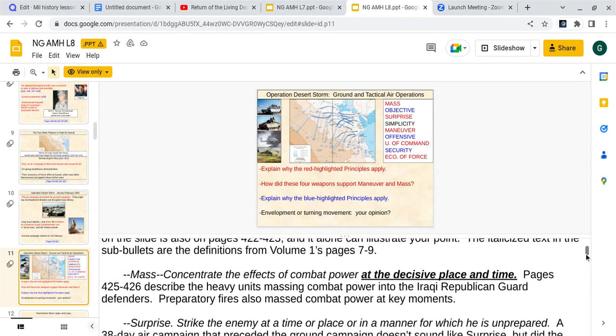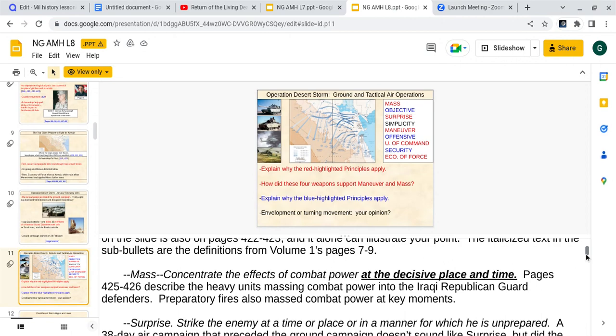As far as mass, they were concentrating combat power at the decisive place and time because they were using air campaigns, so they were using airborne technology, airborne infantry, air mobile divisions to enhance security. They were also using tanks, new tank technology, to concentrate firepower where it would really hurt the enemy the most. Better unity of command from Schwarzkopf thanks to the Goldwater-Nichols Act.